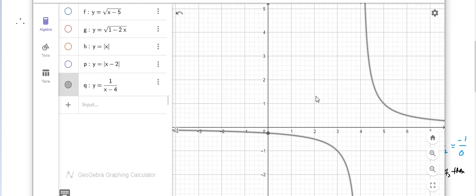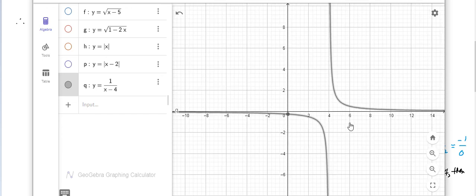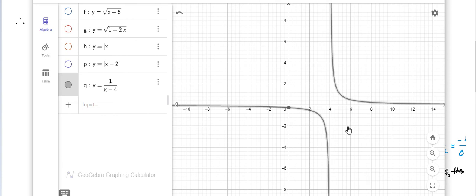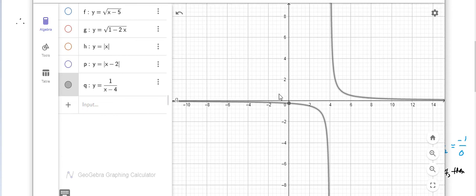So, ito. Okay? Kung mapapansin natin, yung ating pong graph ay ganito. So, ang tawag natin dito, di ba, actually, this is what we call infinite discontinuity.